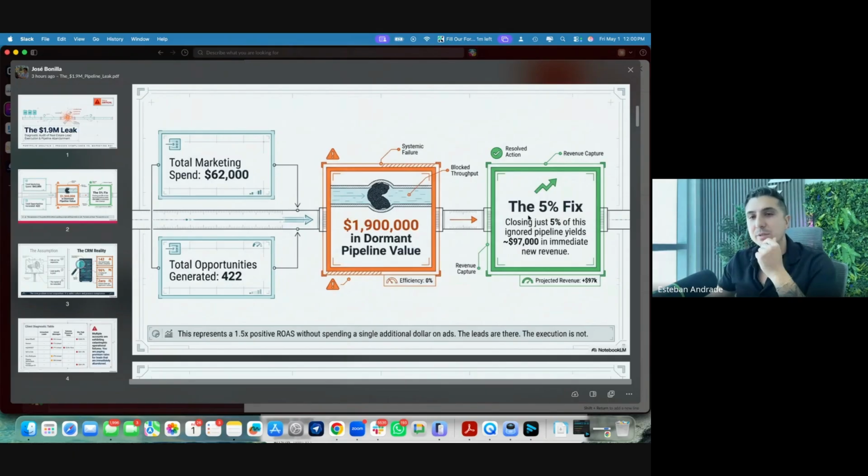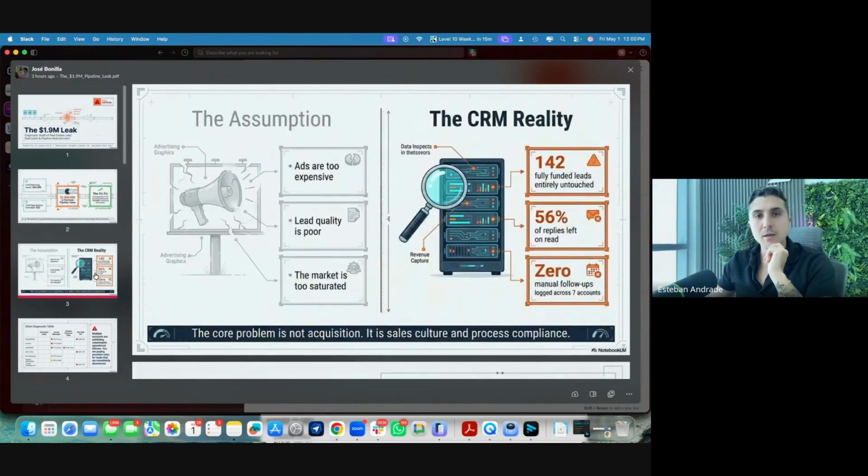There is a specific fix that could give anybody an immediate return. For example, $97,000 if you just fix 5% of this. So here's what happens. People in companies usually say ads are expensive, lead quality is poor, the market is too saturated, or whatever.